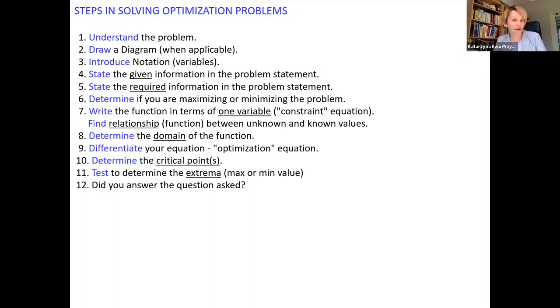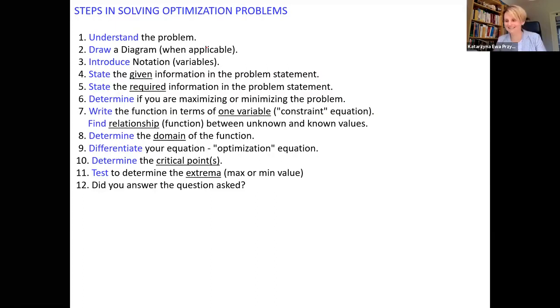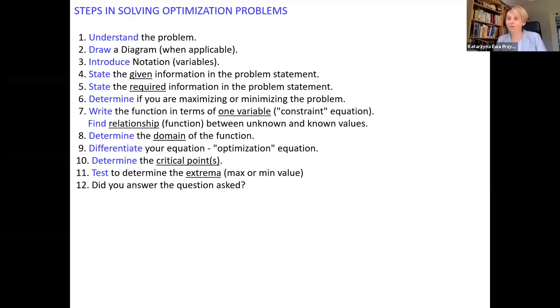As soon as we have a diagram, a picture, we can introduce some notations, labels, X, Y, Z, because we need this. And as always, we have to look at what is given and what is required. Then determine whether we're maximizing or minimizing, because this will not be stated directly.